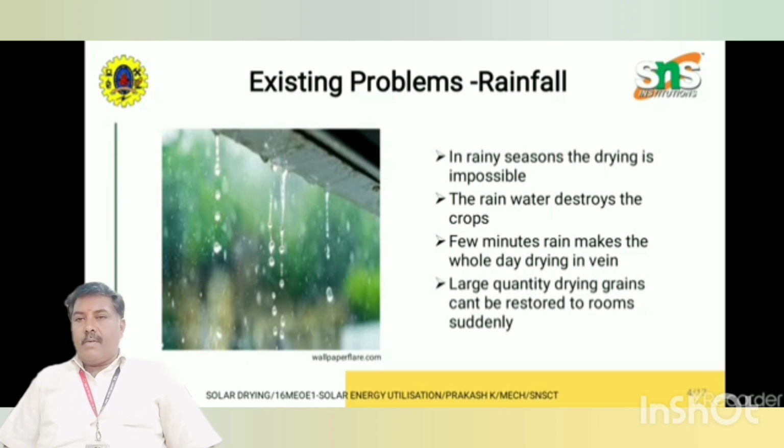As the quantity of the crops is large, if there is a sudden rainfall, the recollection of the whole grains is impossible in a short period of time. So this is a difficulty in solar drying in the rainy seasons, where the rainfall cannot be predicted accurately.